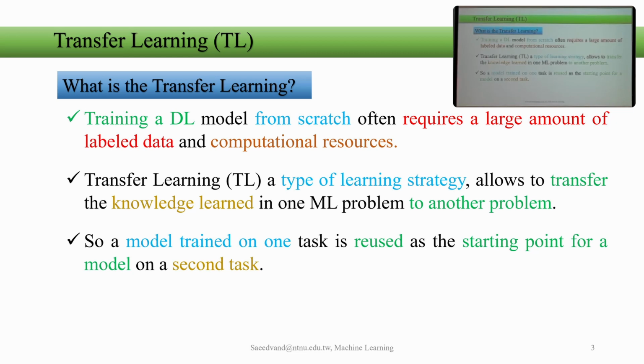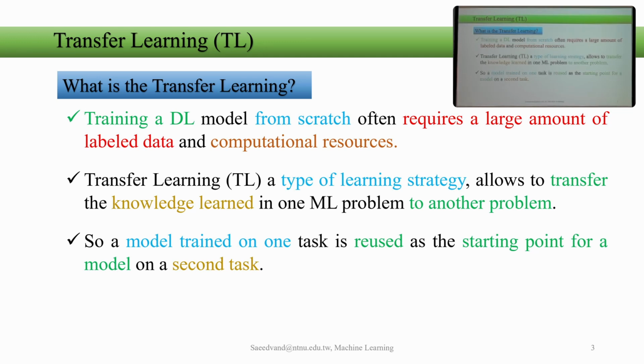Based on this fact, we can say that transfer learning is a type of learning strategy that transfers knowledge of a learned model to a new model. We already have a model that we trained on some data set, and now we want to transfer this knowledge to another network. It's something like what humans do, like we teach our children, we give them knowledge so that they don't need to learn from scratch.